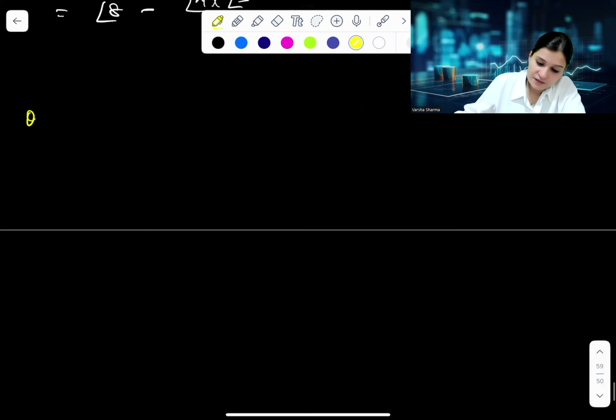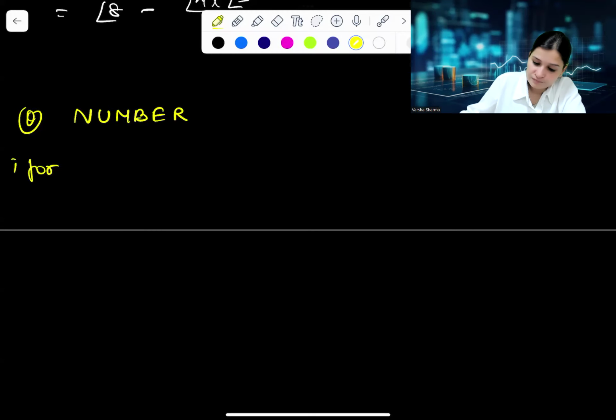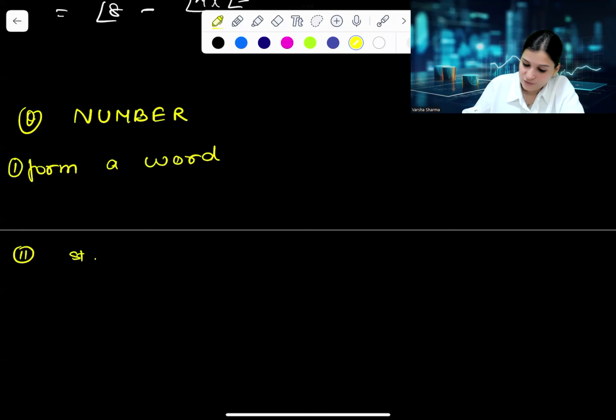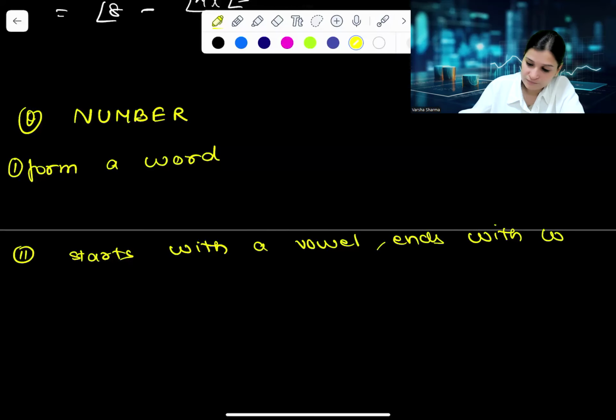The word is number. Form a word. Starts with U. Starts with a vowel, ends with a consonant.